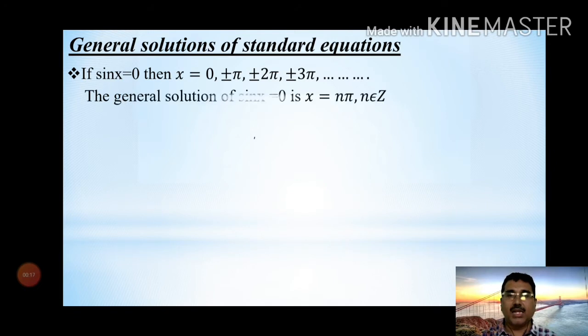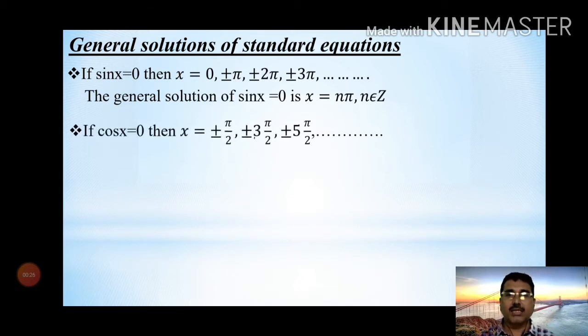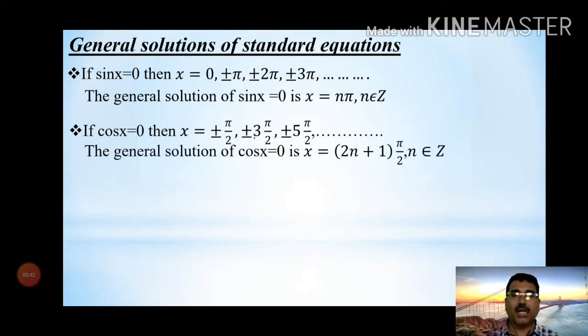Then the general form of x is n pi where n belongs to Z. If cos x is equal to 0, then the values of x are plus or minus pi by 2, plus or minus 3 pi by 2, and so on. The general form of x is an odd multiple of pi by 2, where n belongs to Z.